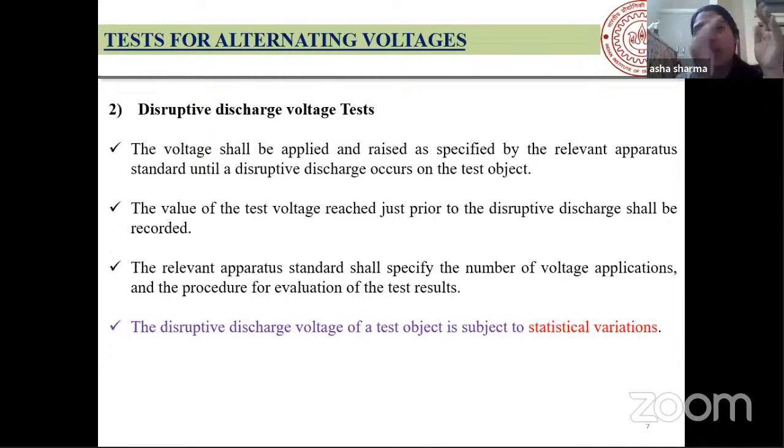Why is it happening? It is a very abnormal thing. We can't predict the breakdown voltage for all these 10 samples. Therefore, we need to do the statistical variations.